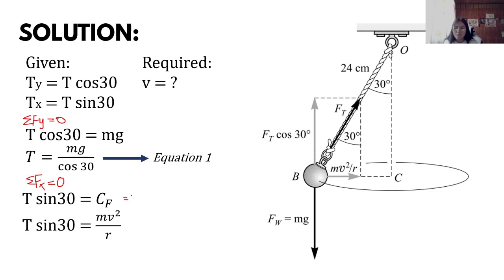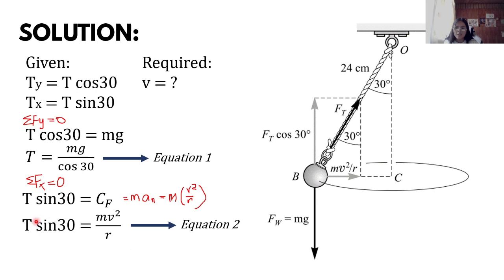Diba ang CF, m, a sub n, wherein ang a sub n ay v squared over r. Okay? Kaya nakuha to. So, we set that as our equation number 2.